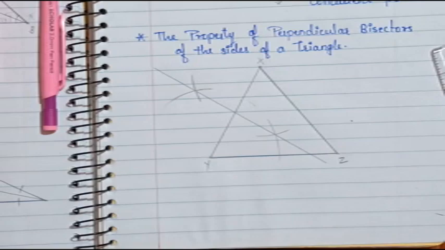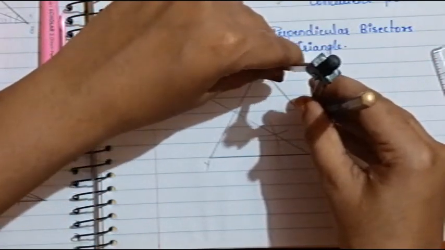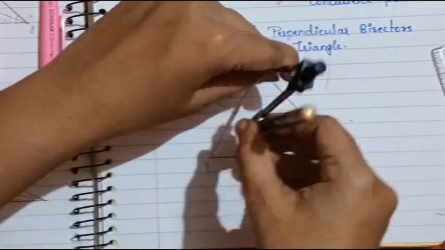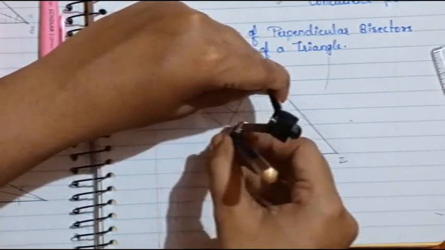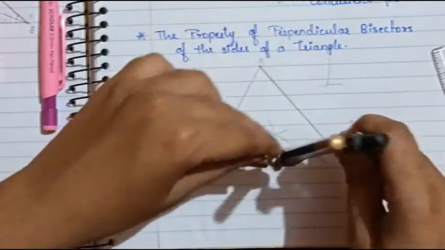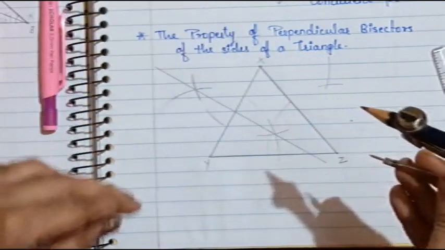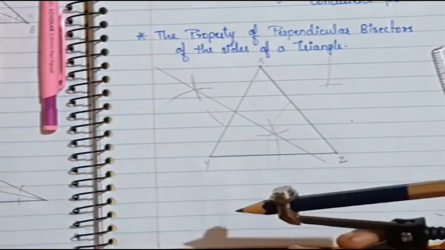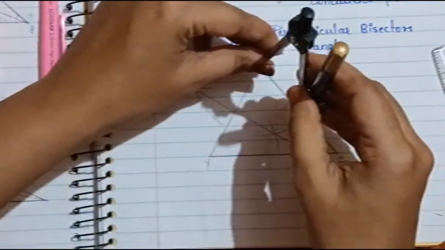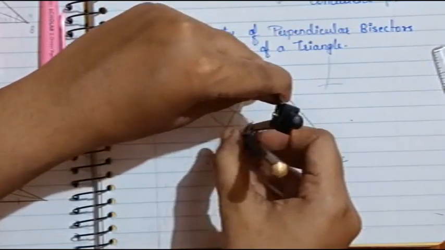Okay, now to bisect X and Z, again we'll take a distance more than half. So this is more than half. Now we'll draw the arcs from here and from here, then again from this point. So students, from X you all got this arc and this arc over here.